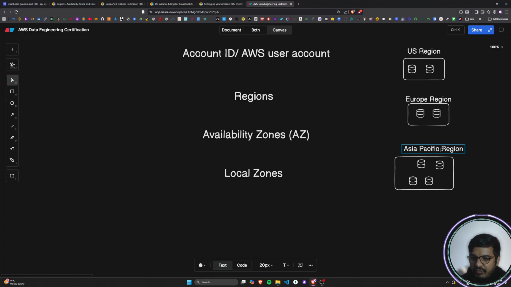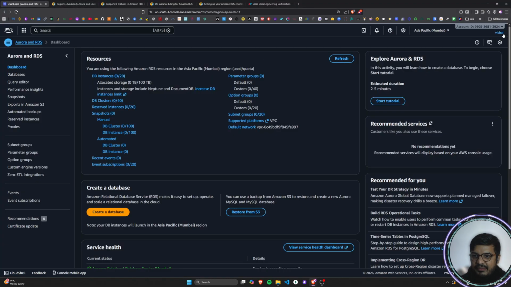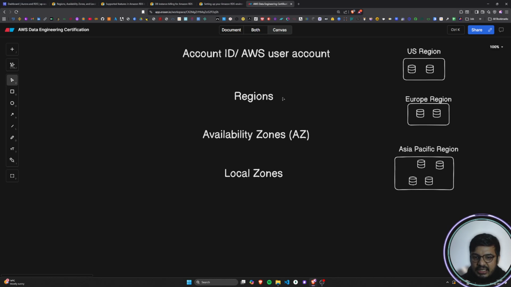Cool. Now what will happen is, let's suppose from this user account, if I'm trying to list the databases, currently I'm in the Asia Pacific region. If I run a command to list databases, it will only list the databases present in my current region, that is my Asia Pacific region.